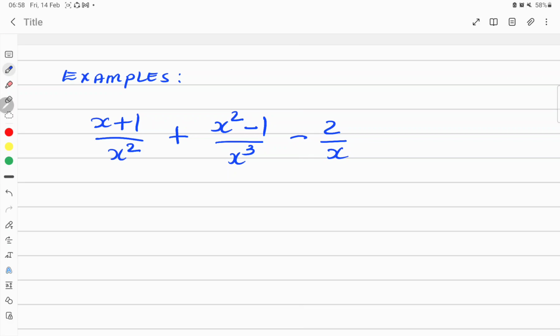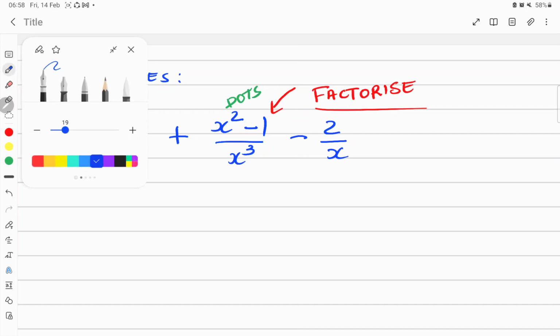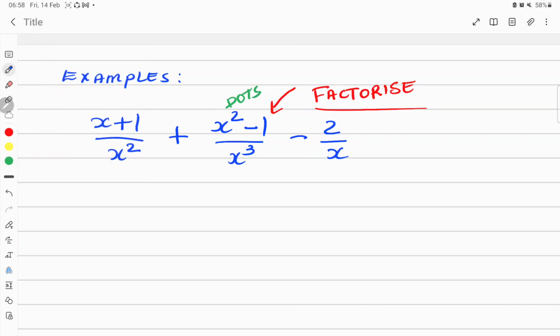Remember that before you do anything, you check whether you are able to factorize. If there's some expression that needs to be factorized, you must factorize. I see a factorization here. Then you also check the LCD.